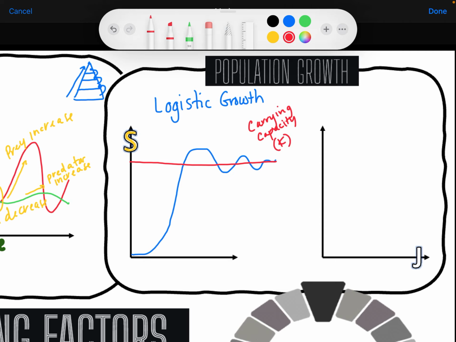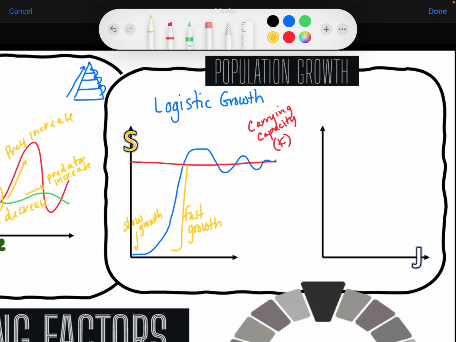And carrying capacity, we know, is the amount of organisms, so this could be plants, animals, people, that a specific ecosystem can support. So if I'm going to annotate my graph, this is how we would describe the trends: we have initially slow growth, but once the population gets to a certain point, we get fast growth.